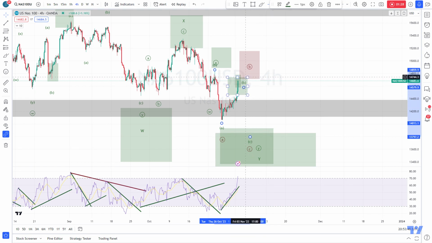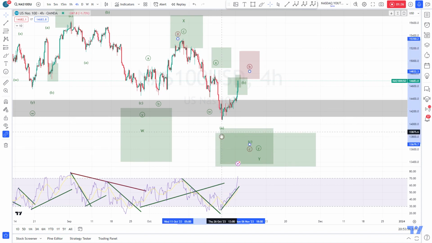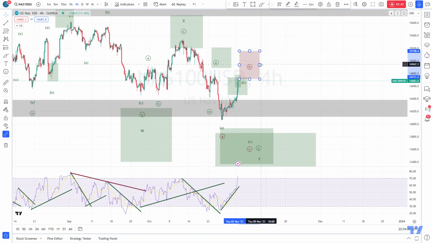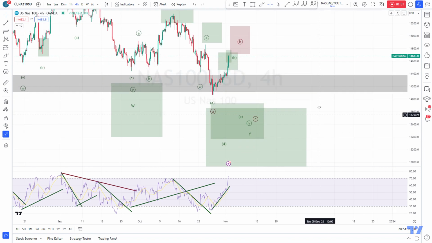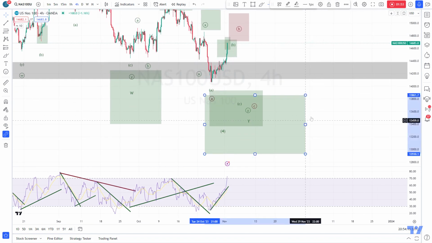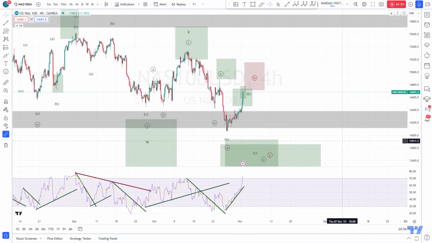There is also another possibility where we count this as 5: 1, 2, 3, 4, 5. Then we have a wave A right here. And then we should actually go a bit higher into this area as a wave B. And then from here, we can turn down again as a wave C into this area right here.